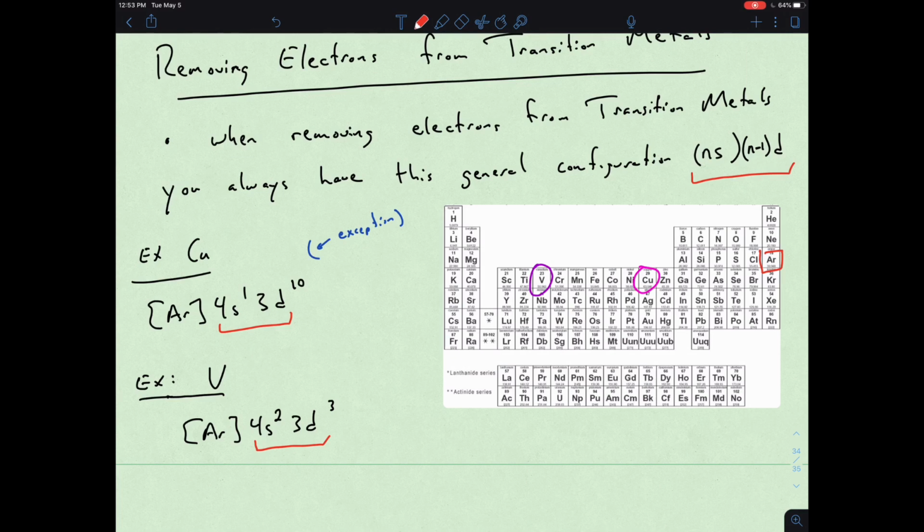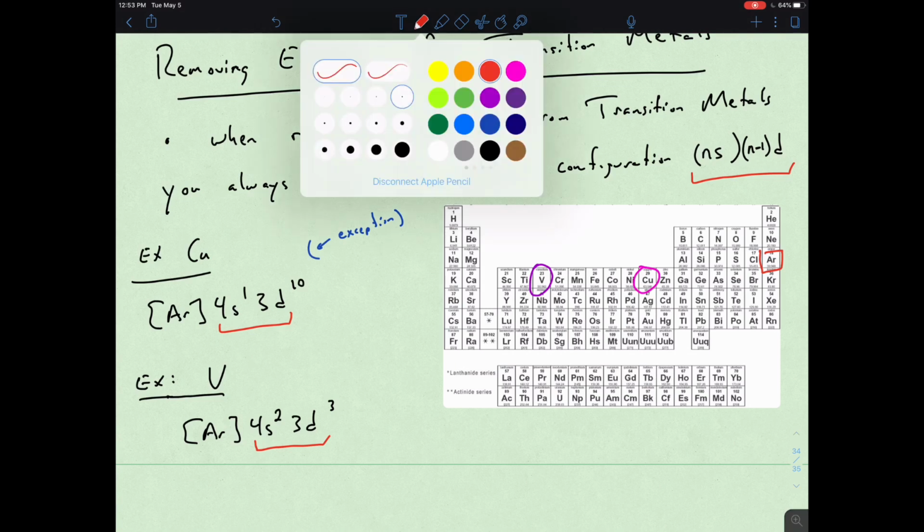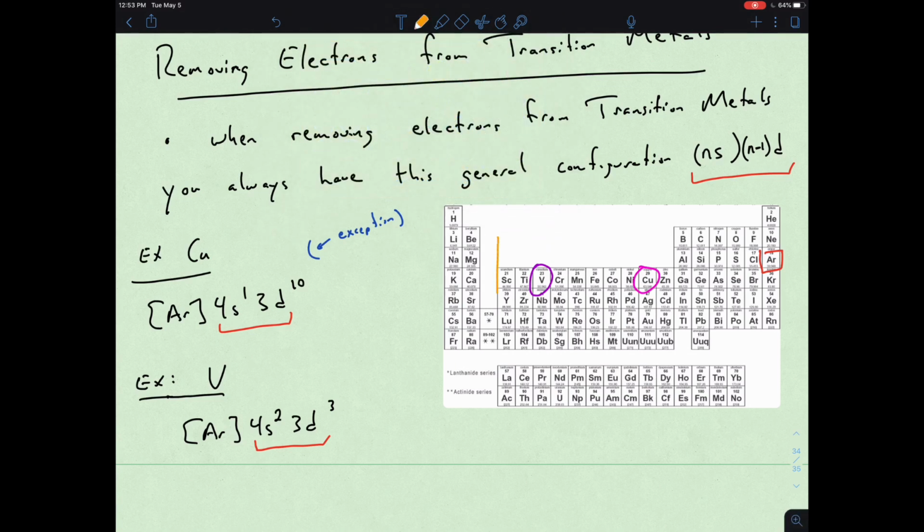So we have the 3D. And that's really always going to be happening in this transition metal block. We see this scenario happen quite often.